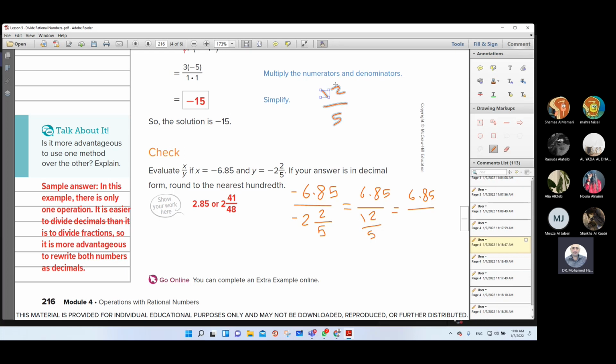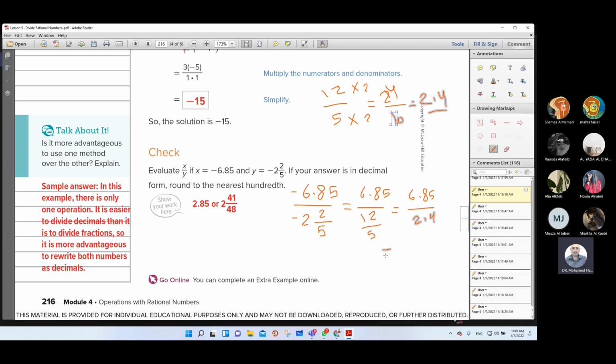We can do long division, 12 divided by 5, or you can directly multiply up by 2 and multiply down by 2. 12 times 2 is 24, over 5 times 2 will be 10. So 24 divided by 10 will be 2.4.